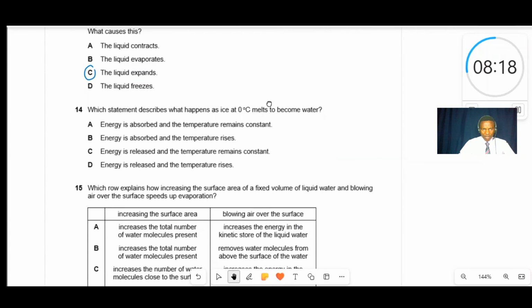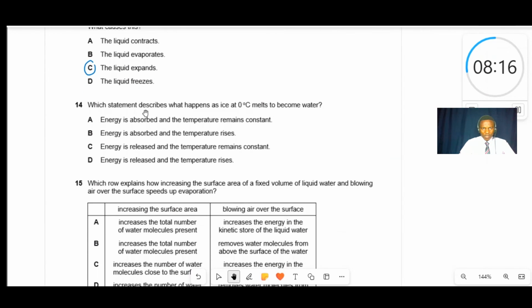Which statement describes what happens as ice at 0 degrees melts and becomes water? So number 14, the energy is absorbed and the temperature remains constant. That energy that is absorbed makes it change state, and the quantity of energy is called the latent energy.